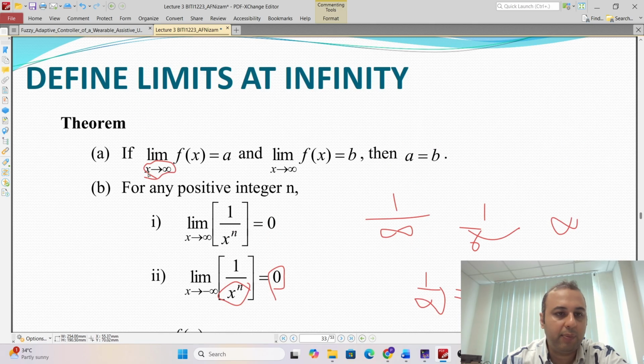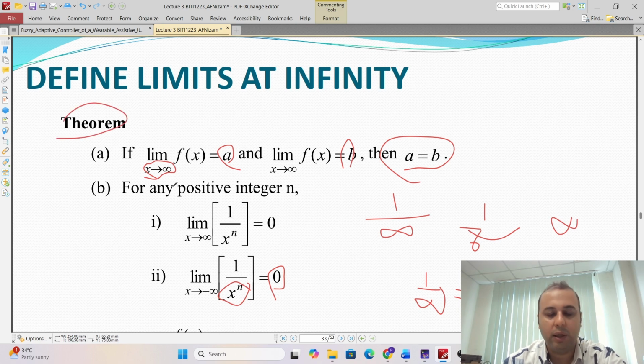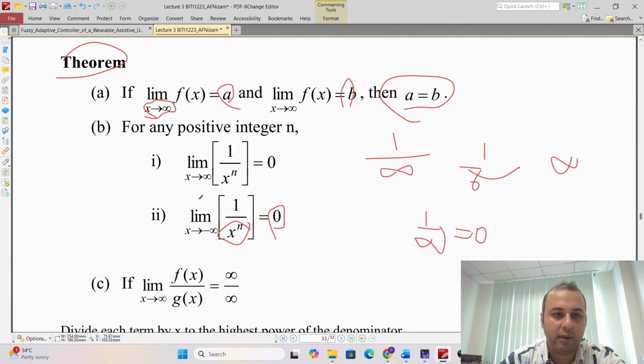But if the limit as x approaches infinity of f(x) equals a and g(x) equals b, then a and b are equal. This is the theorem. If one function as x goes to infinity goes to a constant, of course a and b's limit is very obvious.